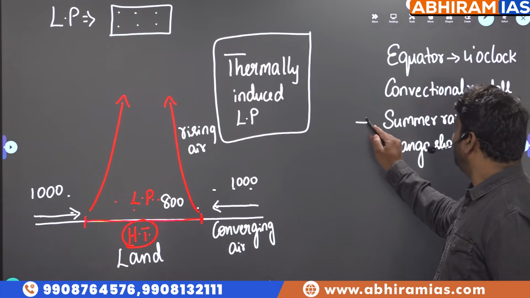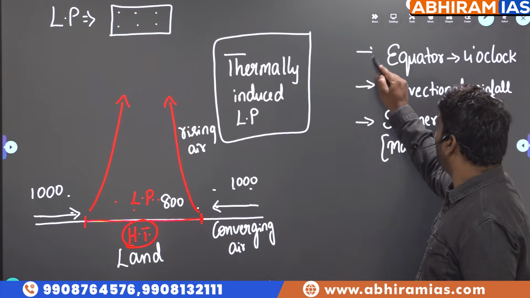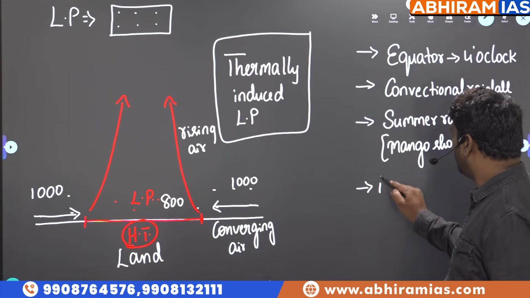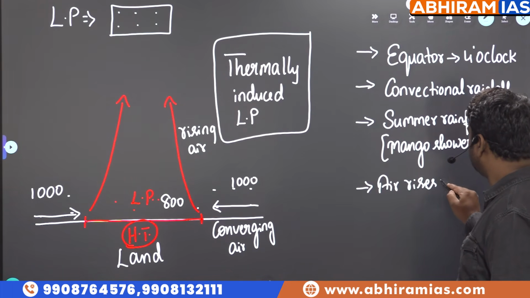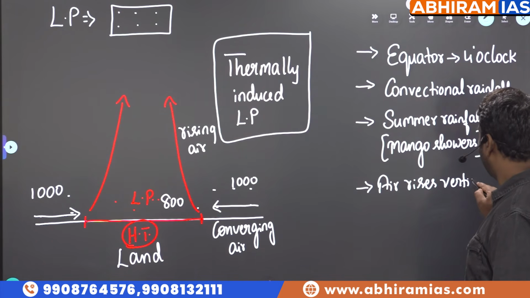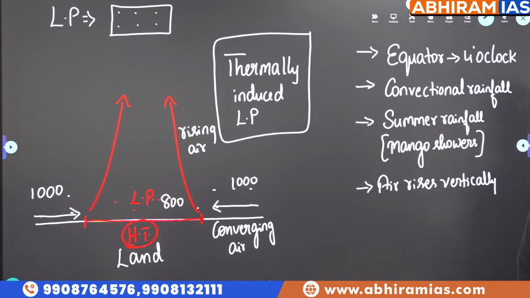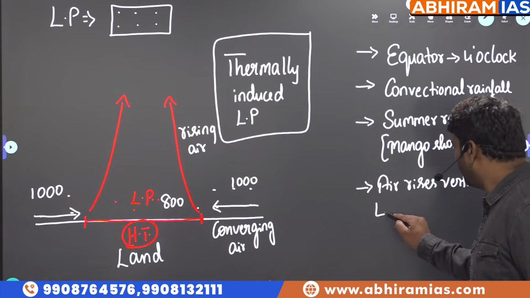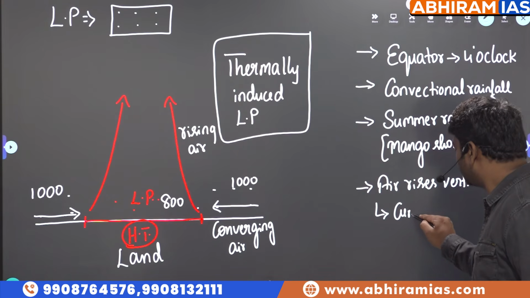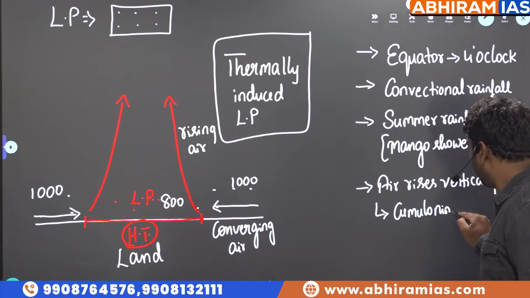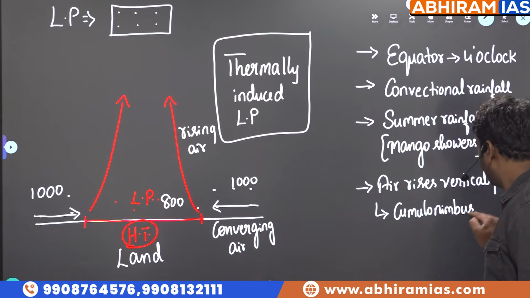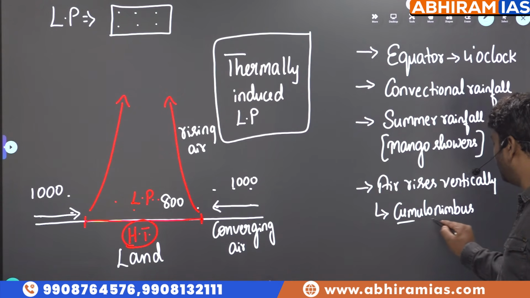And whenever you have thermally induced low pressure, air rises vertically. Everyone? Air rises vertically. The moment air rises vertically, you will have vertical clouds. What are vertical clouds? Cumulus and cumulonimbus.